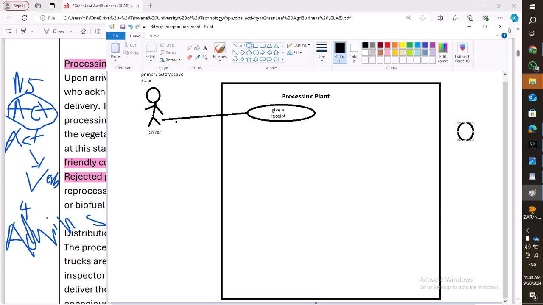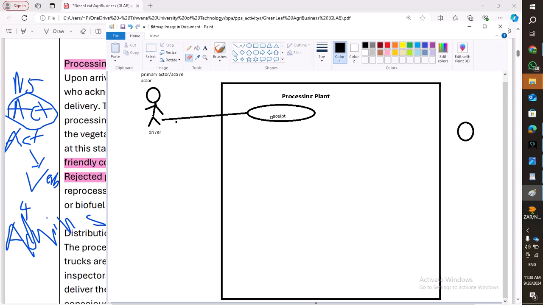Actually, the driver was delivering the fruit. The driver was delivering the vegetable, not giving. This is like what the system does. Actually, before that, it is giving the receipt, and what the driver does in the system was not giving the receipt.